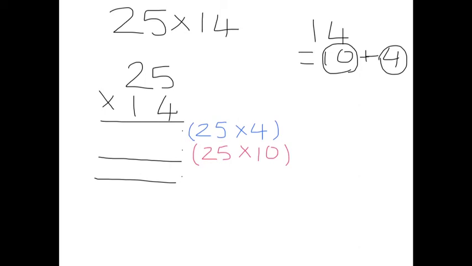Alright, remembering that we're going to just ignore the 10 for now, and I'm only going to be working with my unit over here. So if I was working out 25 times 4, I would go 4 times 5, and my answer would be, that's right, 20.